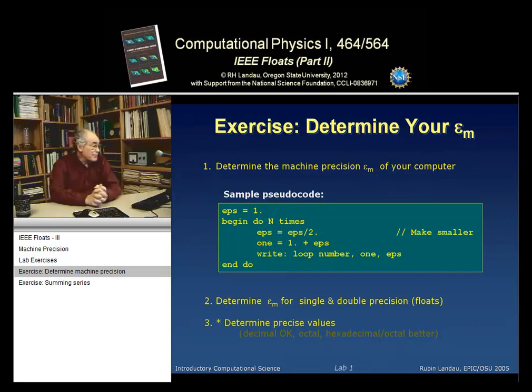Now, as optional, do a better job. Determine what this machine precision is to as good a number as you can. How do you do that? Well, obviously that means if all we're doing here is dividing by 2, you can only get the answer within a factor of 2. See if you can do better than that. But don't be dumb, you know.